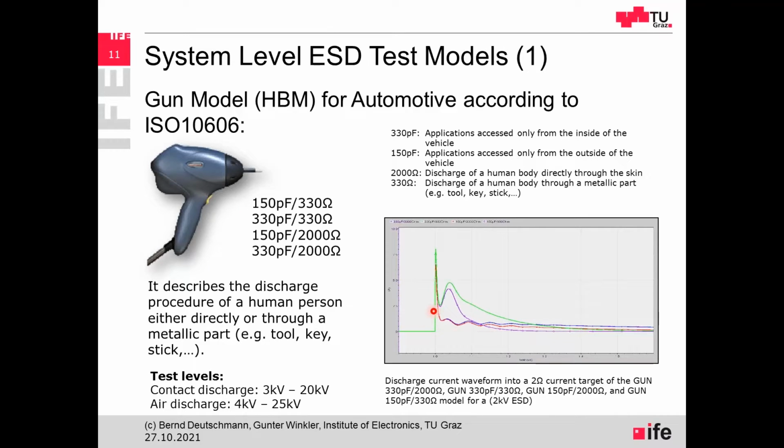So the question is, where does this first discharge come from? Actually, it's somehow simulating a charged human person that is, for example, handling a metallic tool, for example, a screwdriver. So if the person is charged up to, let's say, 2000 volts, also this screwdriver that is held in the hand by the person is charged up to this voltage.